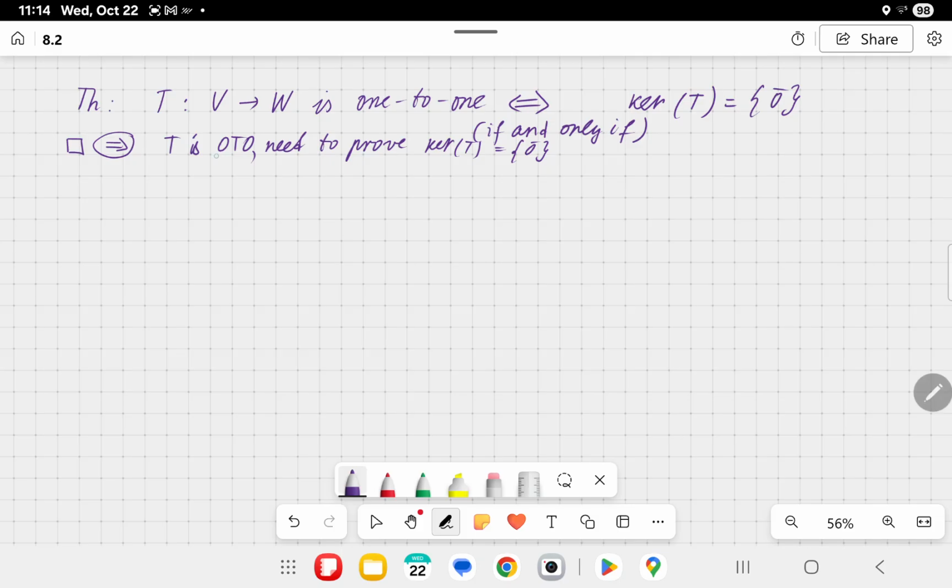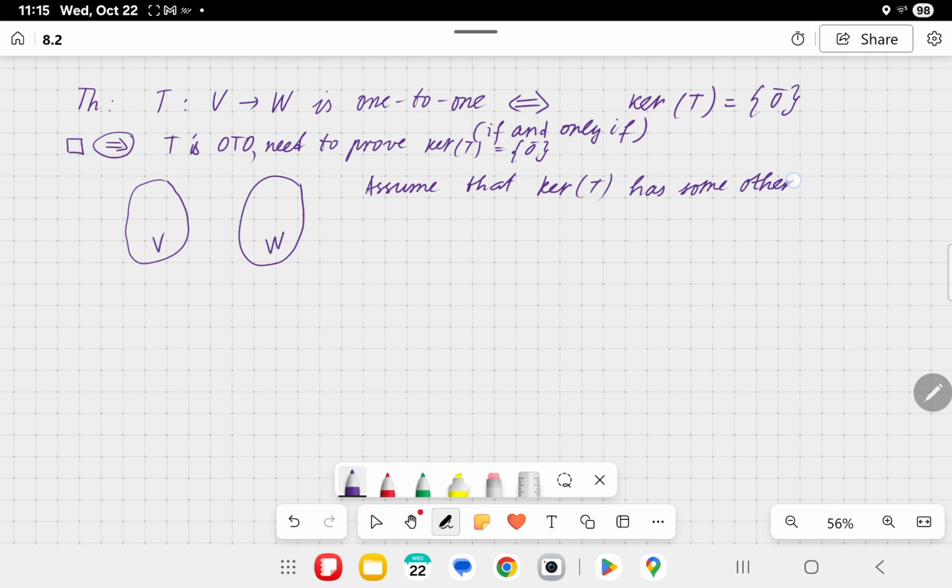Well, if the transformation is 1 to 1, I'm going to draw the picture. V and W. And assume that the kernel of T has some other vectors, at least one other vector.